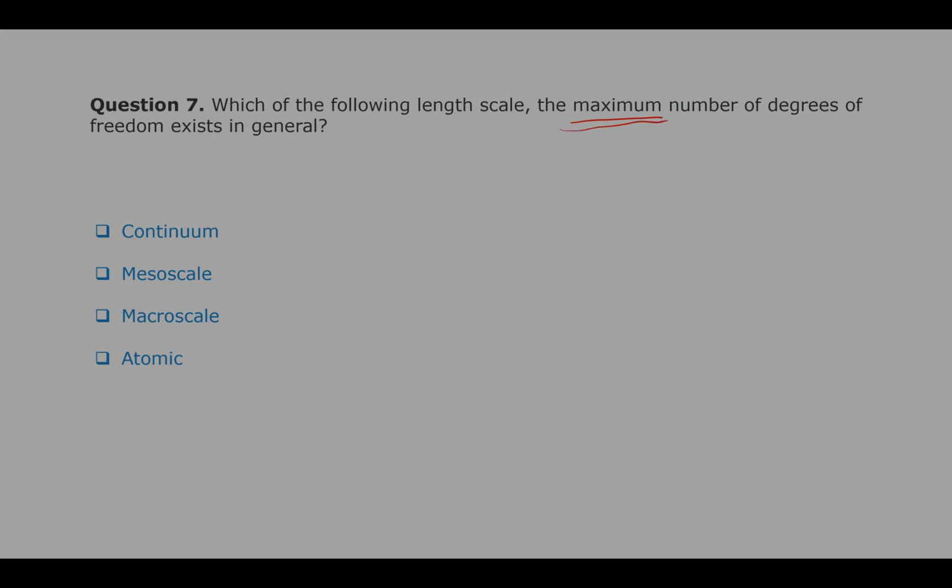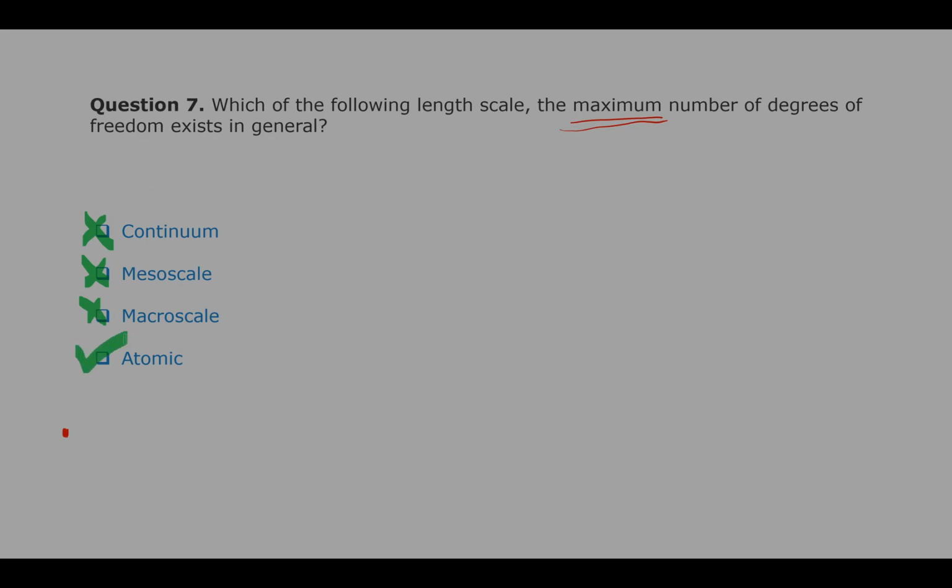As we know, in continuum, that is discrete, in length scale terms it is the longest one, the largest one. So it is not possible. What about the macro scale? Macro scale is also a large scale. Degree of freedom will be less. Macro scale compared to meso, macro will have less.